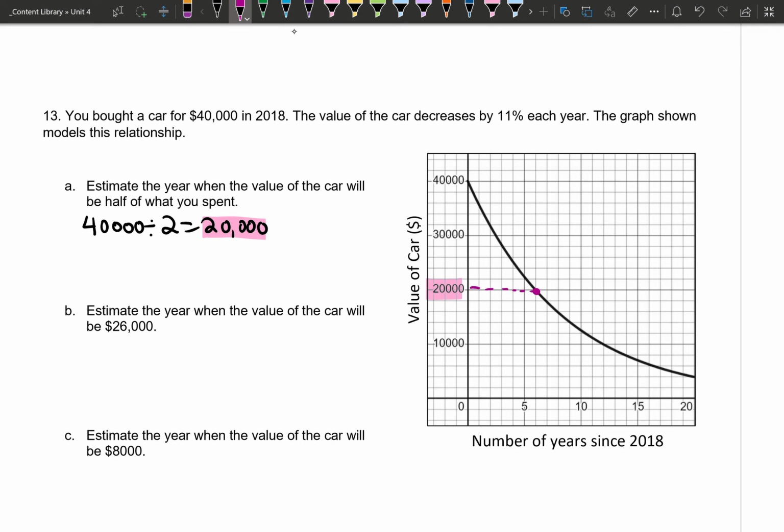So let's see, when do we hit 20,000? Beautiful, right here. And that looks like that's 6. 6 isn't a year. 6 is the years since 2018. So what you need to do is do 2018 plus 6, which gives us 2023.